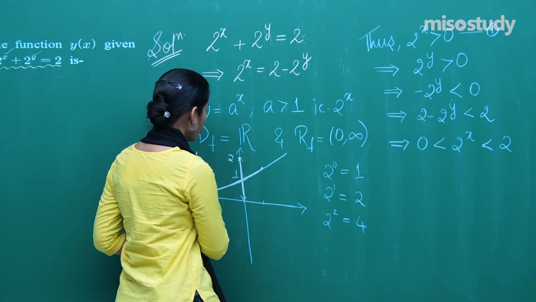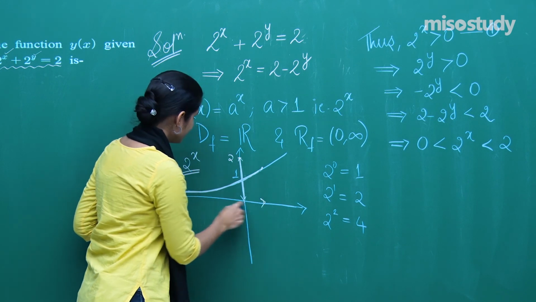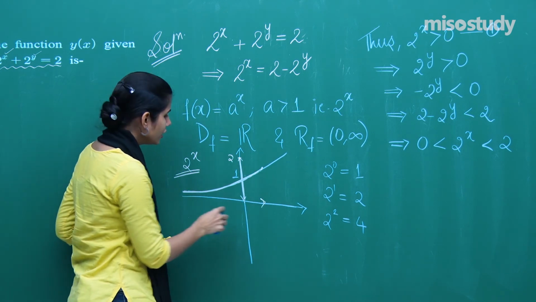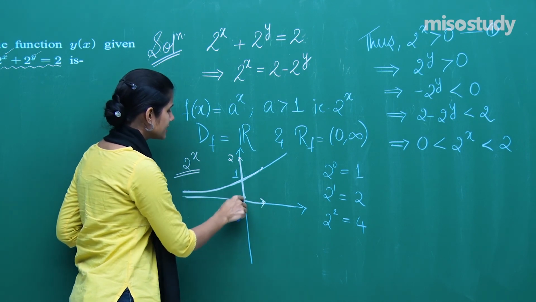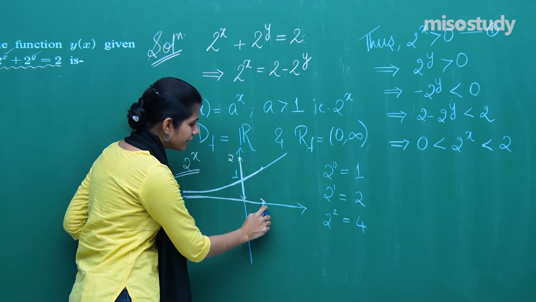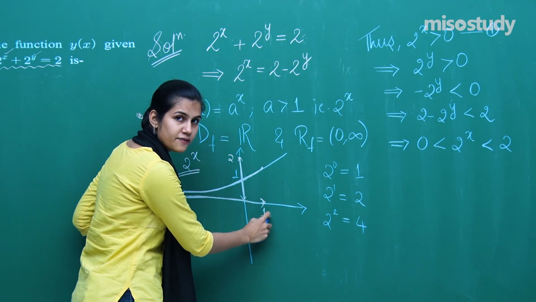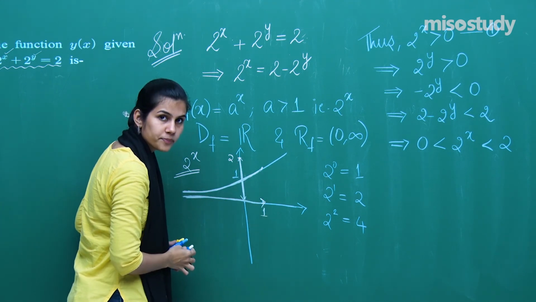And this part of the graph corresponds to this part of the domain, which is whenever x is over here or over here up till 1, my f(x) will be over here from 0 to 2.